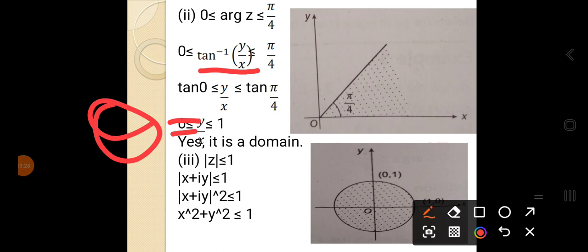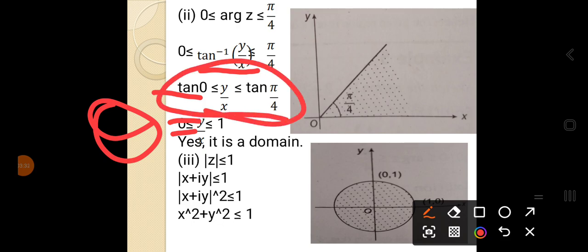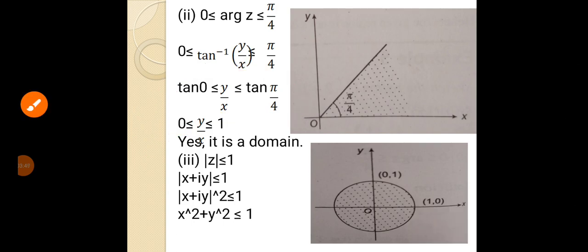Taking tan on the inequality, we get tan 0 less than or equal to y by x less than or equal to tan pi by 4. The value of tan 0 is 0 and tan pi by 4 is 1, so 0 less than or equal to y by x less than or equal to 1.